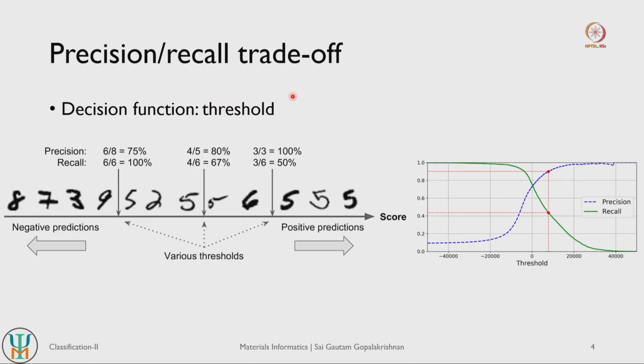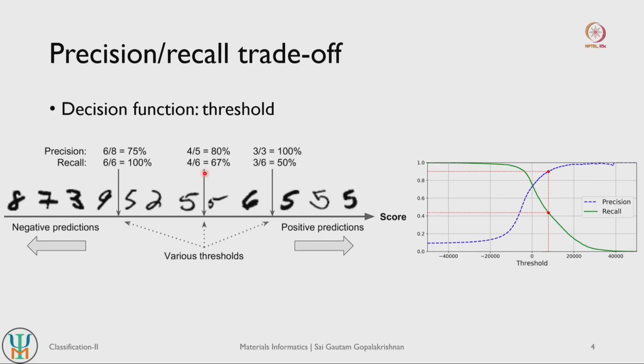This threshold is what the model is trying to learn. So let us say you have a series of numbers here and your model learns this threshold in the middle. Above this threshold are all true predictions and below this threshold are all false predictions by the model. The actual values may be different.